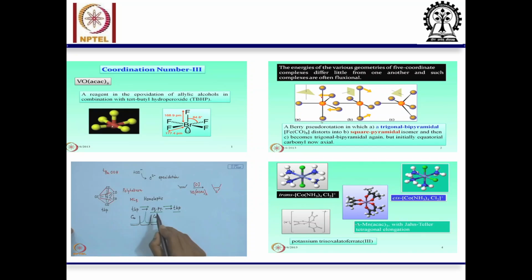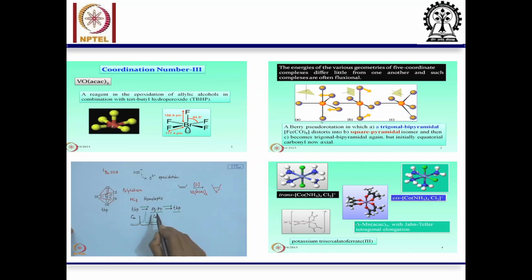Once you move two equatorial ligands to this side, all four, this 1, 2, 3, 4, will come in the plane, and this will be the square pyramidal. And once these two move this side, you will get the trigonal bipyramidal. How?